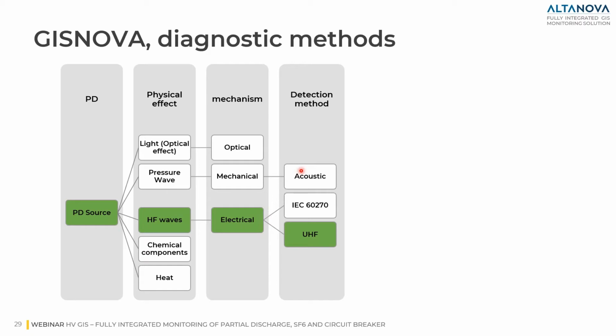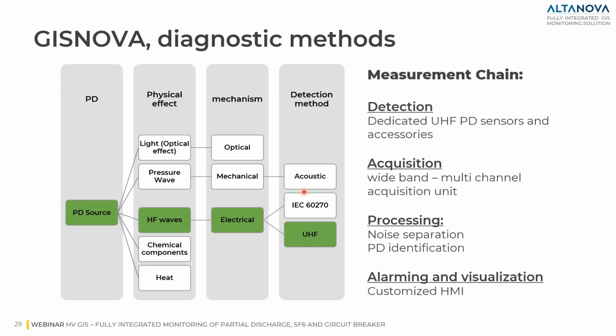And for this particular case, for continuous monitoring, we will focalize our attention to the ultra-high frequency method, which has shown multiple benefits in terms of sensitivity and reliability, mainly compared with the acoustic and the optical method. And in particular, we will see the four main steps of the monitoring system chain: the detection, the acquisition process, the processing, and alarming and visualization.